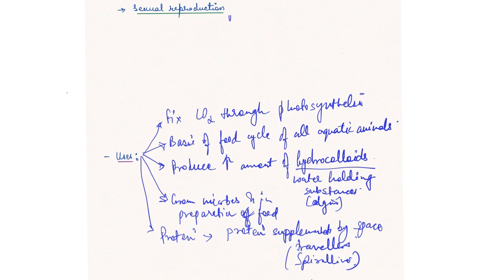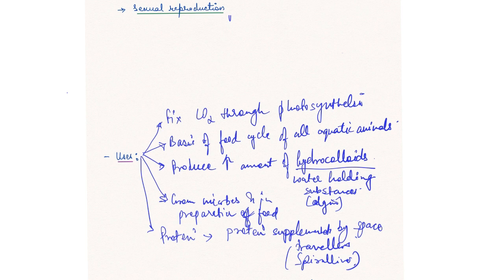So here you can see that they are so useful to human beings in general. They fix CO2 for us. They are the basis of the food cycle for all aquatic animals. They produce hydrocolloids, which are water holding substances, and because of that they are used in the preparation of food. They are used as a basic substance when you perform your microbiology experiments.